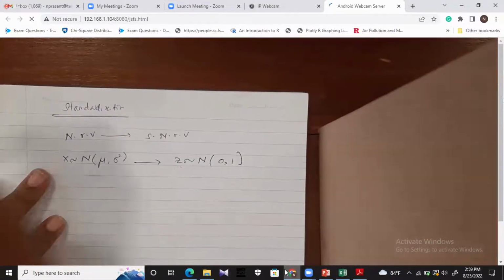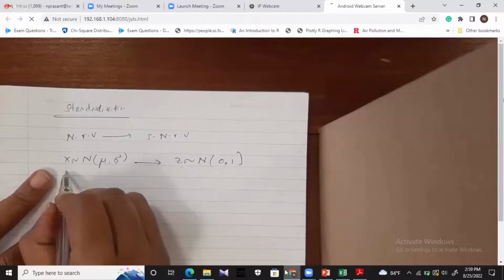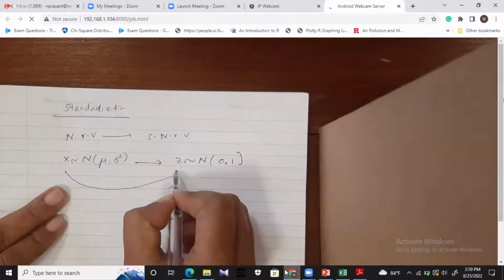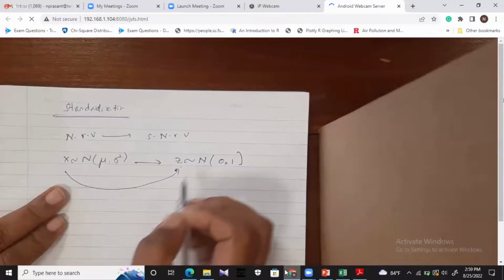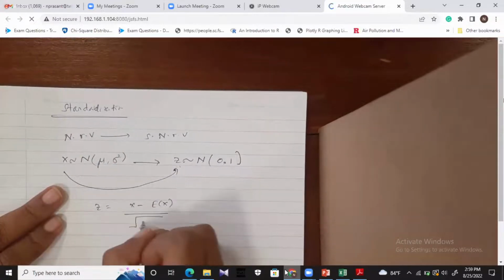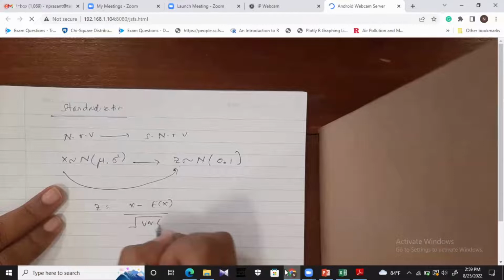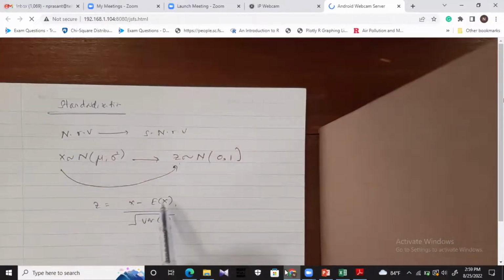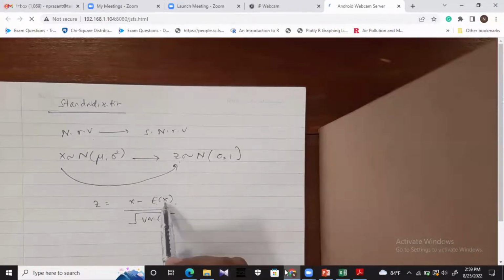Now x is going to be z. So z is equal to x minus expected value of x divided by square root of variance of x. I have discussed these terms earlier in chapter 3, expected value of x and variance of x. Expected value of x means mean value of x.